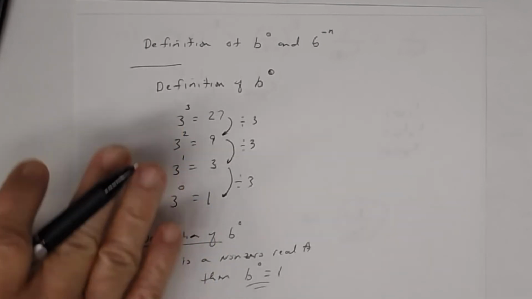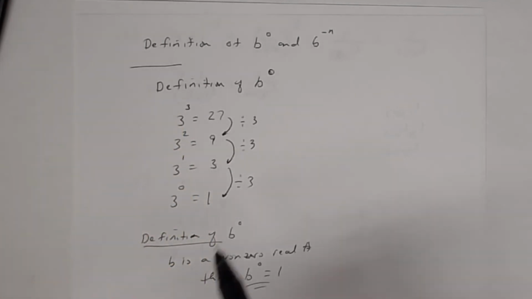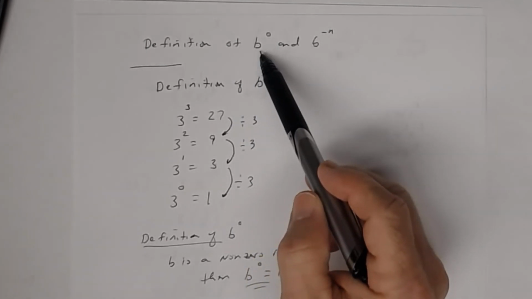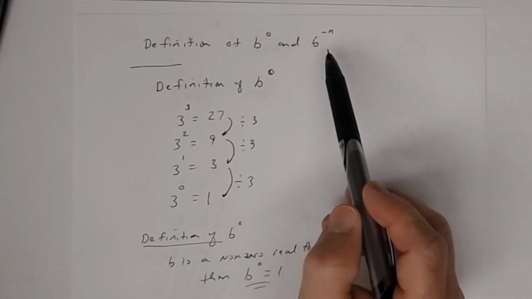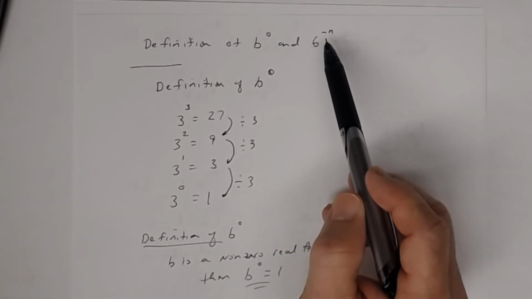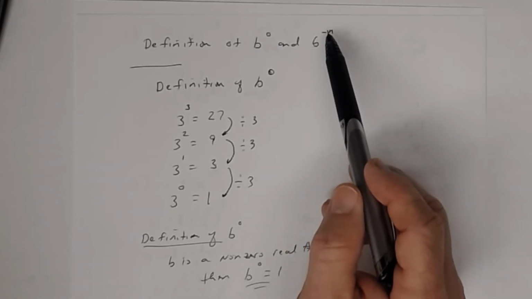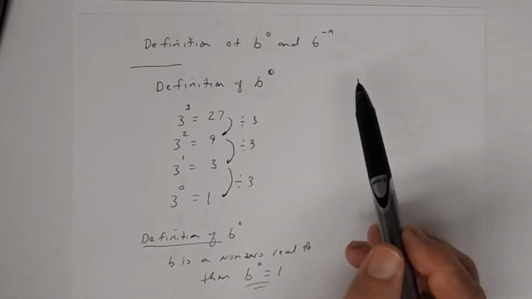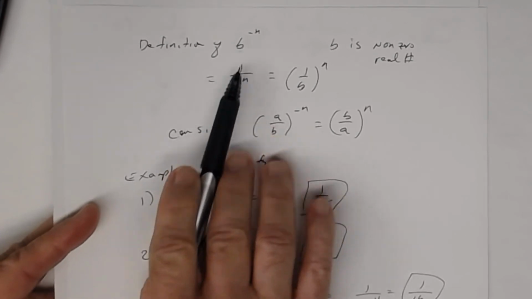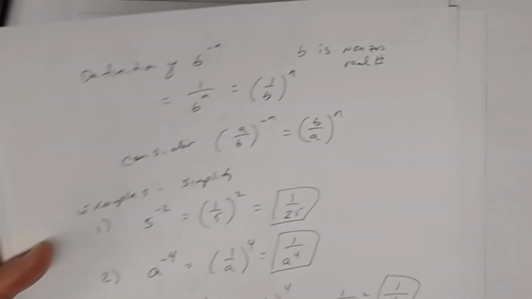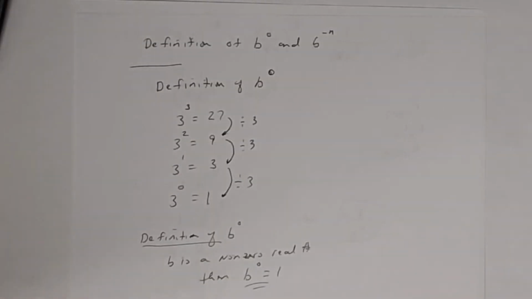So once we looked at the patterns, you then understood what it means when we see b to the 0 and then b to a negative exponent. So in our problems, whenever you see a negative exponent, you want to make it positive. So you have to use your properties for negative exponents. Okay? All right, so that will be the end of this lesson.